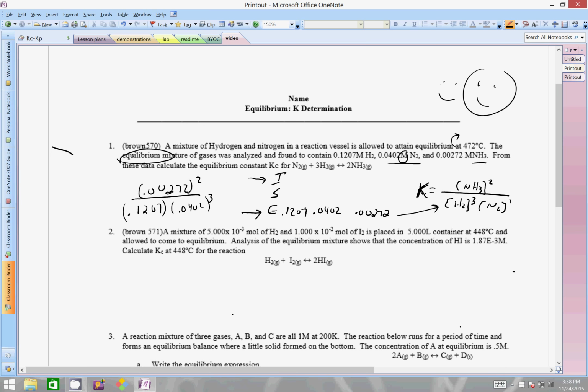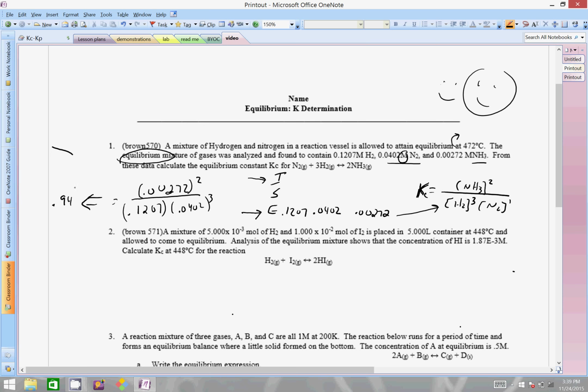At this point we plug it into our calculator, and I'm getting a value of, if I did this correctly, which I hope I did, just calculator wise, 0.94. You can check my math and see if I made a mistake. 0.00272 squared divided by 0.1207 divided by 0.0402 cubed.